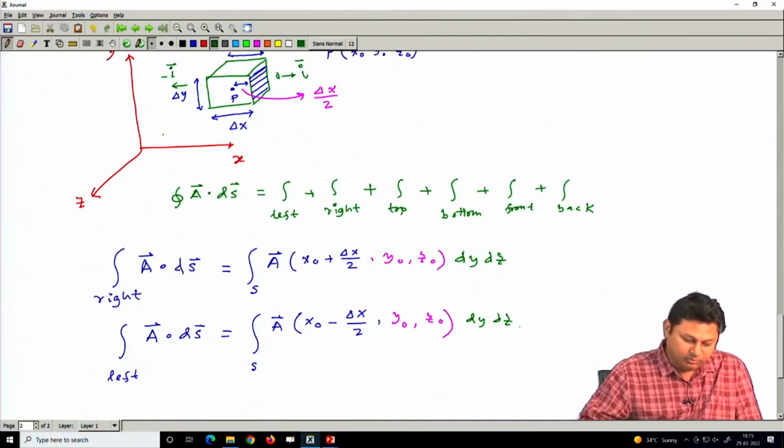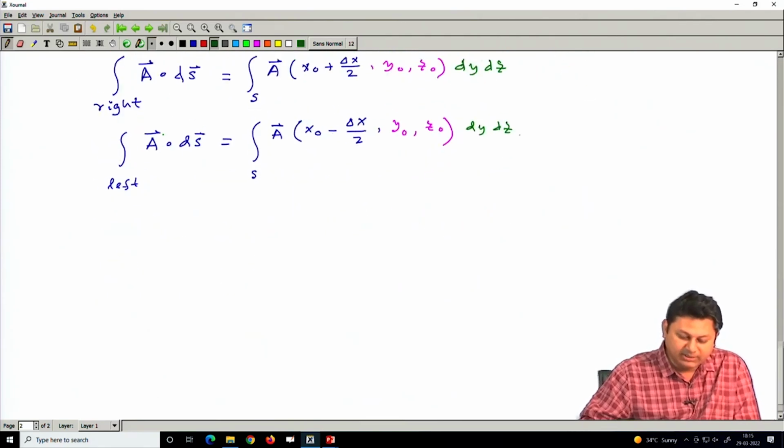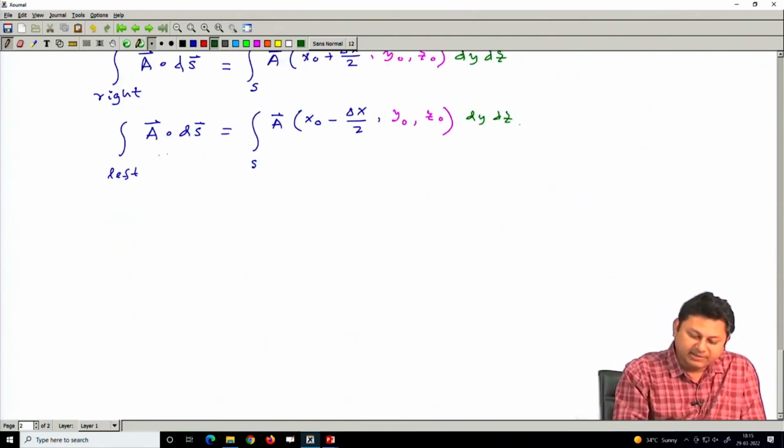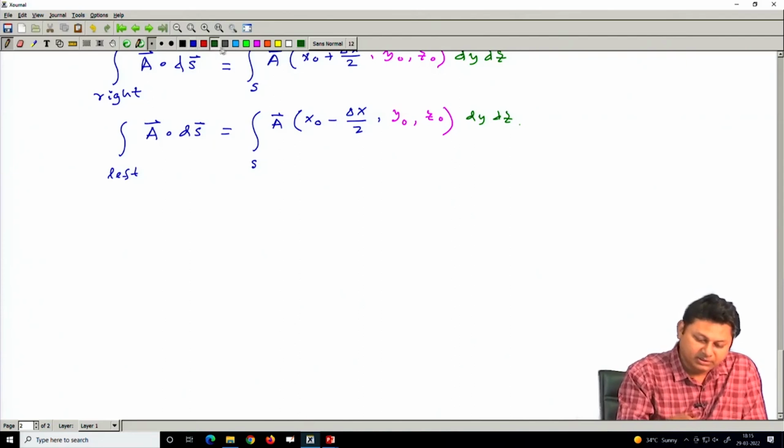So, when you add these two, there should be a minus sign involved with the left integral, because the unit direction is opposite.